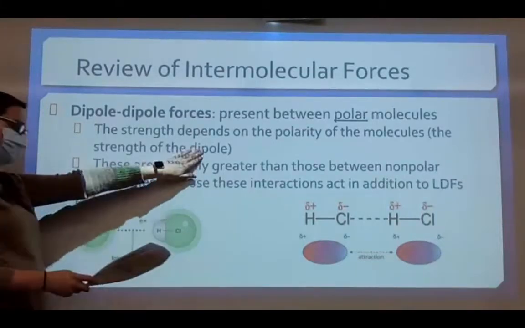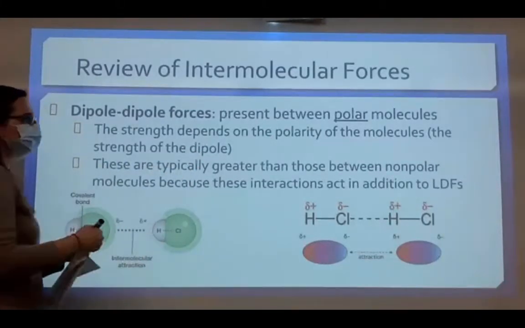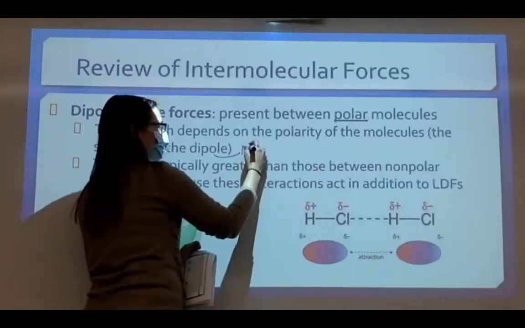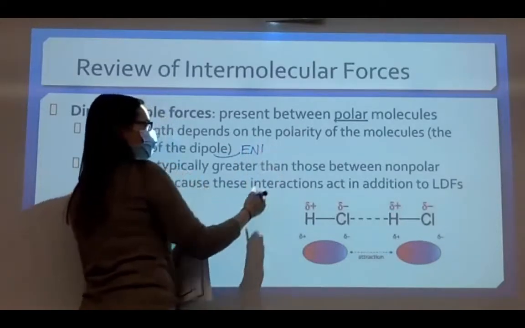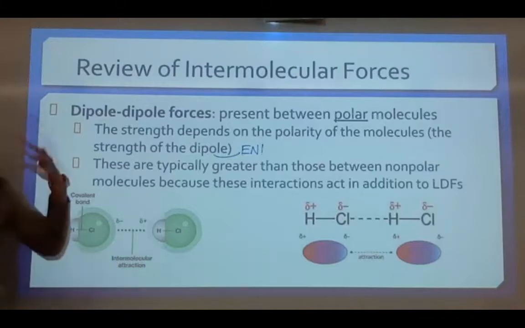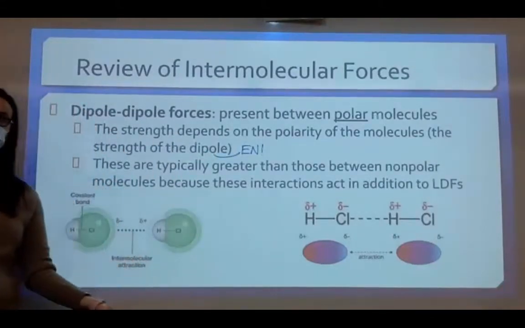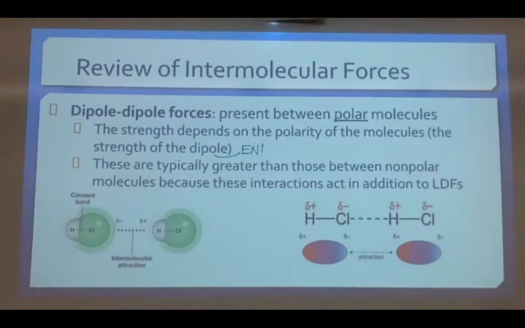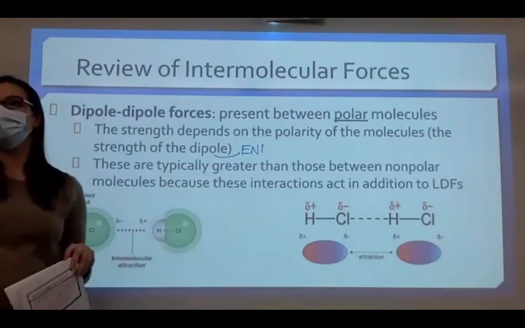When we think about the strength of the dipole, we have to think back to electronegativity, because the more electronegative the atom, the more polar that bond will be. So the larger the difference in electronegativity, the more polar the bond. For example, Cl is more electronegative than iodine, so HCl is a more polar bond than HI.